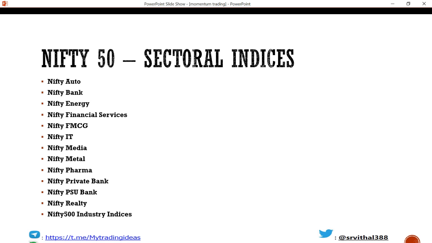So Nifty 500 always gives a broader picture. It is because Nifty 500 is a combination of all the small caps, large caps, and mid caps, so following Nifty 500 also gives some idea about the market trend.